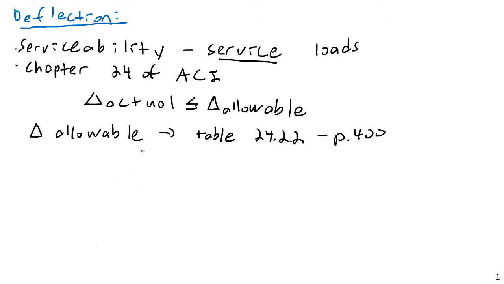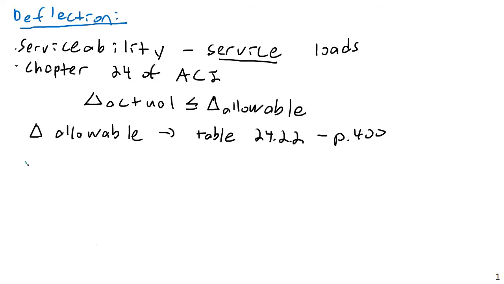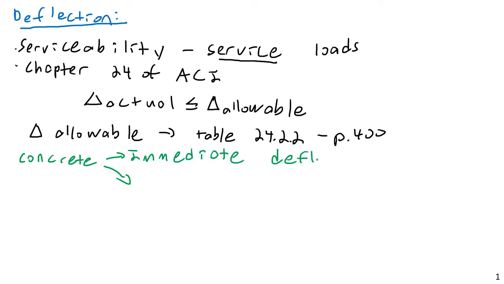Immediately after you apply a load, there's a certain drop in height, a certain stretching in length, all these sorts of things. So for concrete, deflection comes down to 2 things: immediate deflection and long-term deflection.